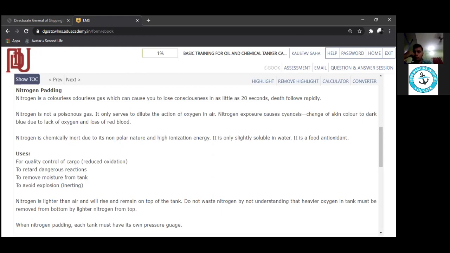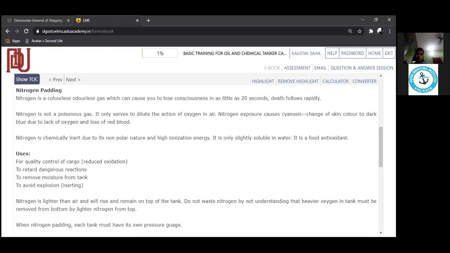So using gas measuring instruments is very important. Nitrogen is used because it is inert and does not react with most cargoes. It's used for maintaining the quality of cargo, so that it does not react with oxygen and contaminate or change the properties, to retard dangerous reactions, to remove moisture from the tank, and to avoid explosion.